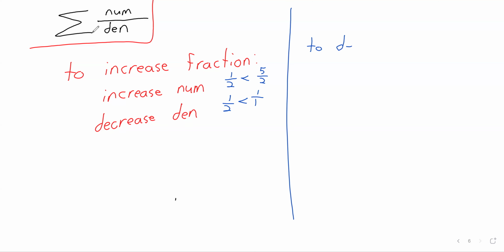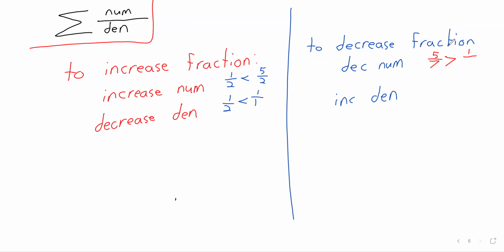We have 5/7, and we want to make it smaller. Well, 5/7 is bigger than 1/7. Or if we want to make it smaller, 5/7 is bigger than 5/10. And let's dive into an example now.